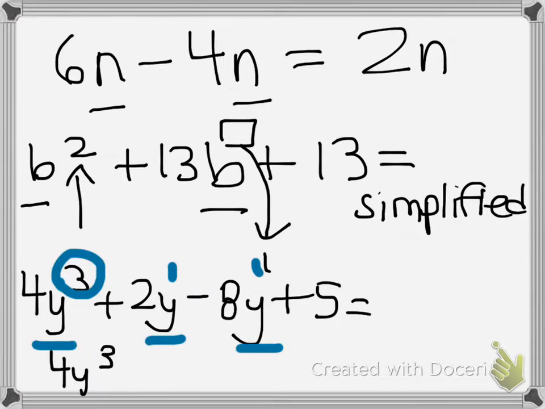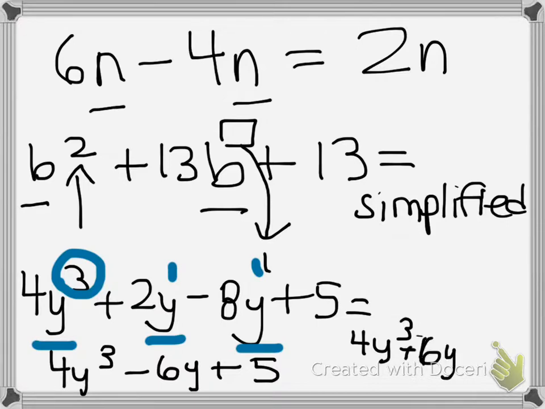But the 2y minus the 8y we can combine because they have the same variable and they have the same exponent. So 2 minus 8, or negative 6, and we bring the y along. Then we have plus 5. Since that doesn't have a variable, we can't combine that with anything. So that would be our final answer. 4y cubed minus or plus negative 6y plus 5.